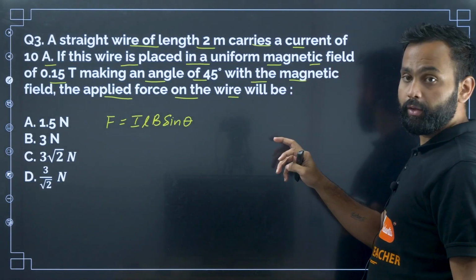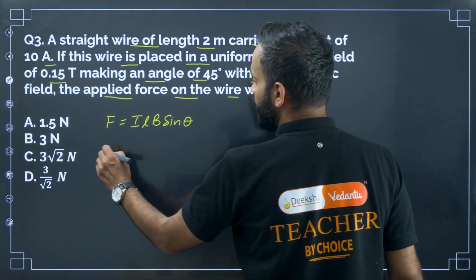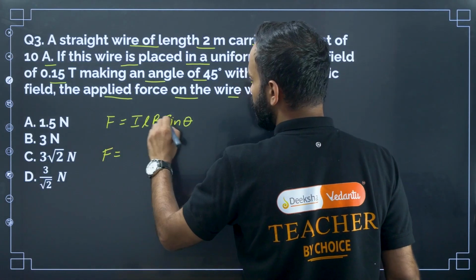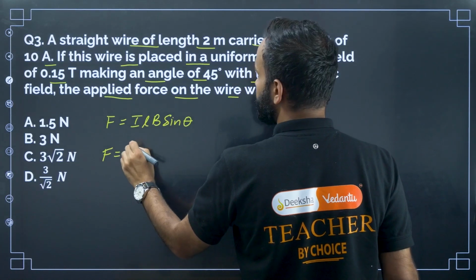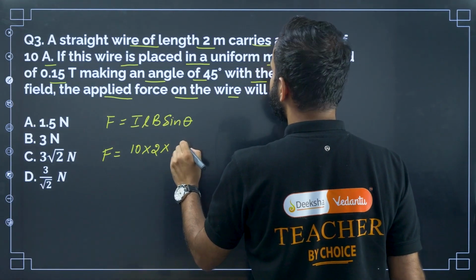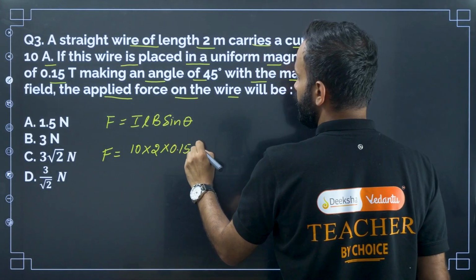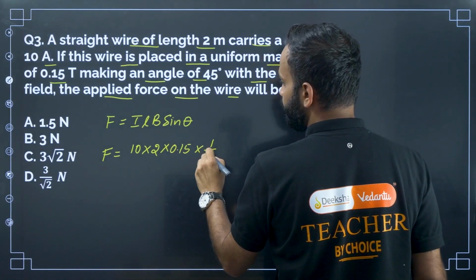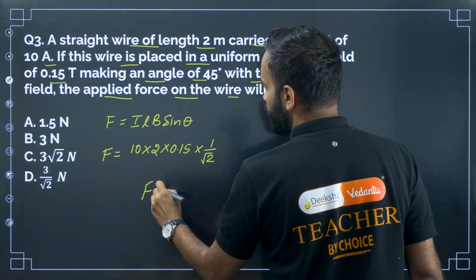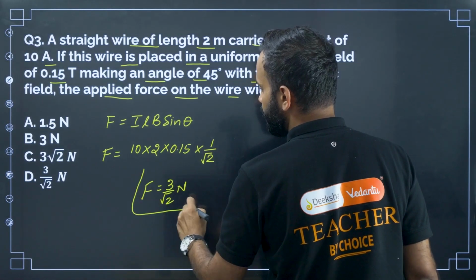Sin theta is sin 45 degrees, 1 by root 2. So F equal to 10 into 2 into 0.15 into 1 by root 2. So F equal to 3 divided by root 2 Newton.